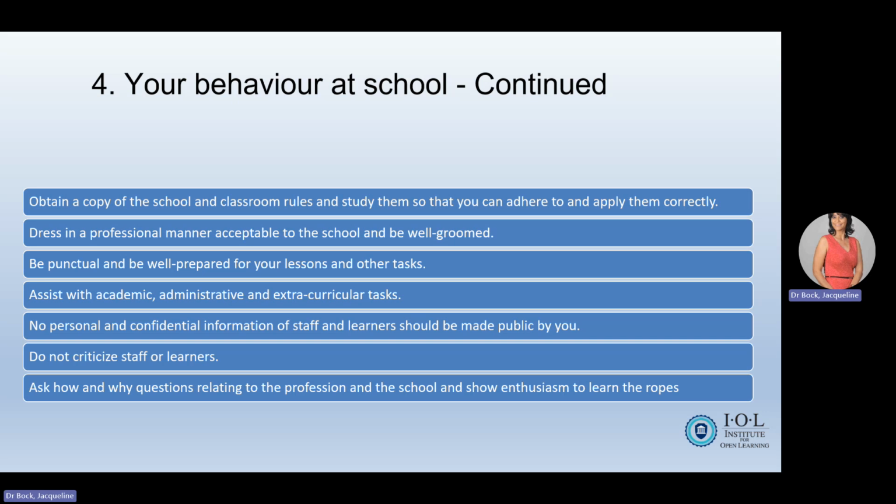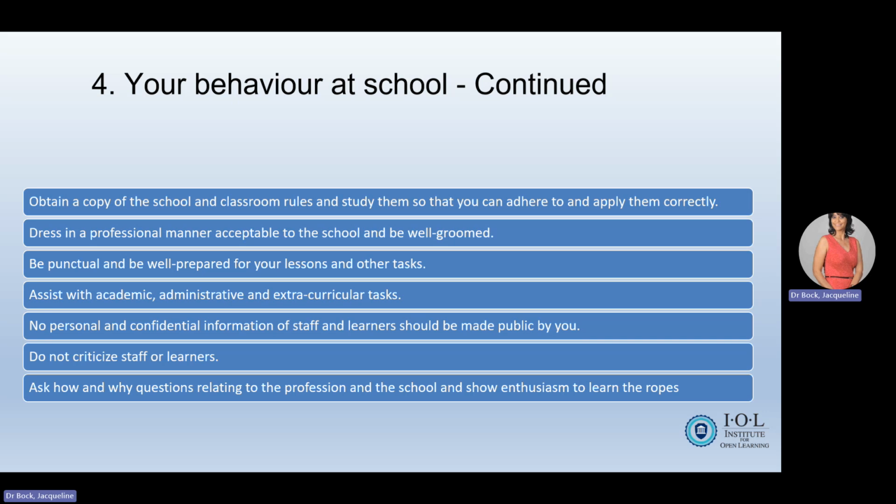Talking about your dress code, we are in a professional environment. You need to be professional at all times. You need to be well groomed at all times. You need to be punctual and be well prepared for your lessons and also other tasks assigned to you.